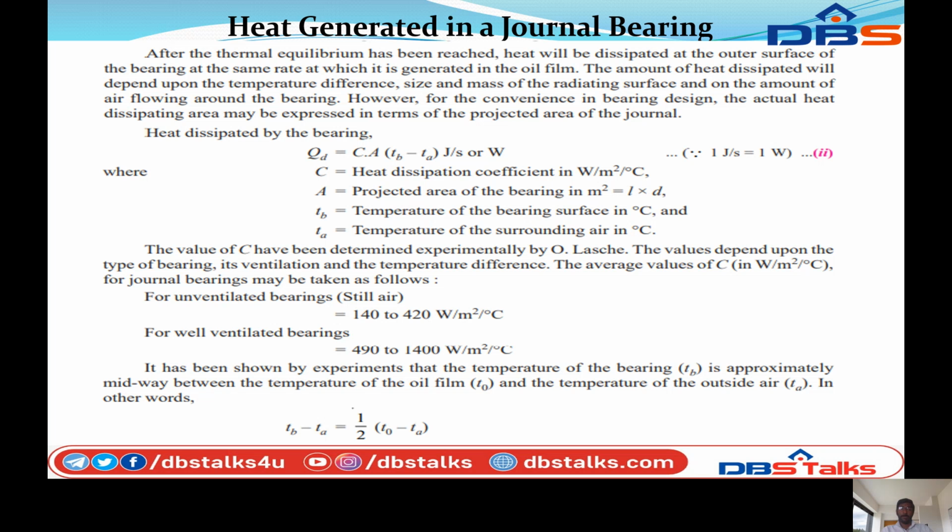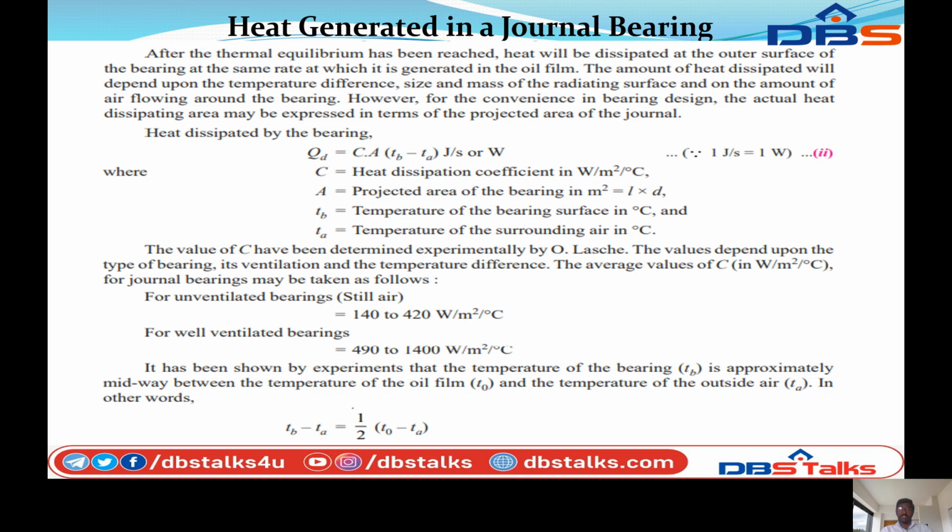So this is equation number 2, where C is the heat dissipation coefficient in watts per meter square per degree centigrade, A is the projected area of the bearing in meter square, that is length into diameter, Tb is the temperature of the bearing surface in degree centigrade, and Ta is the temperature of the surrounding air in degree centigrade.